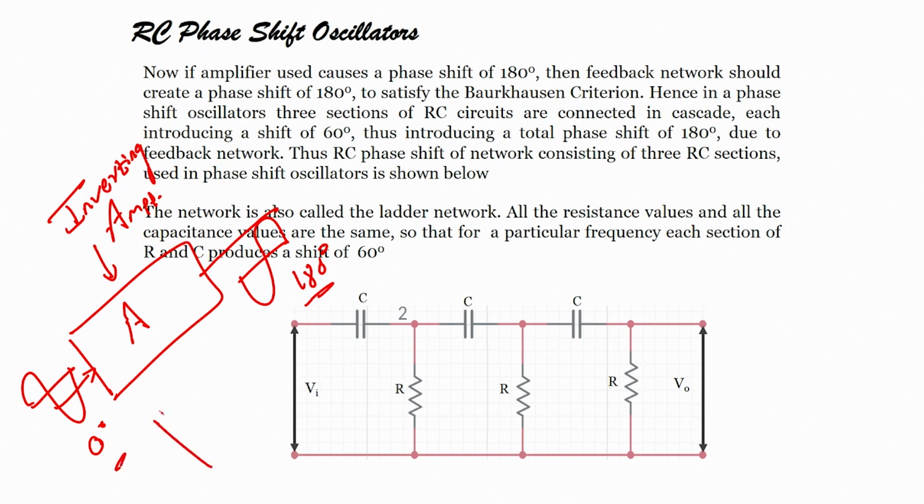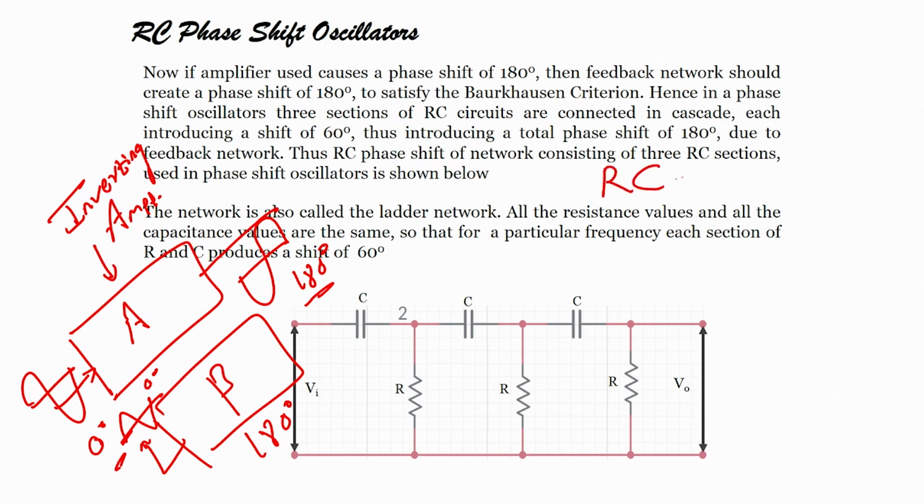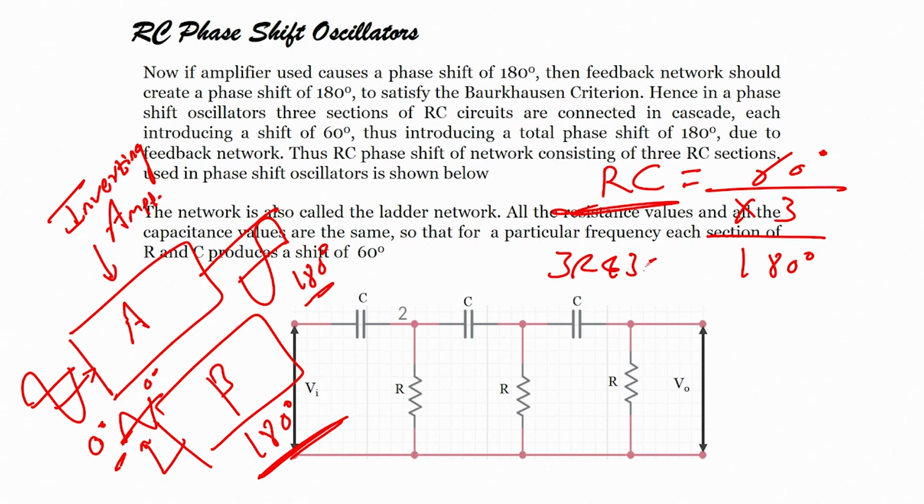That means my feedback should produce another 180 degree phase shift, so that my feedback signal will also be 0 degrees, correct. This we have seen. Now, one RC we have seen in the last slide, we will adjust the value such that it provides 60 degree phase shift. So, how many RC circuits are required to provide 180 degrees? Very easy, right, 60 into 3, 180 degrees. That means we require 3 R and 3 C.